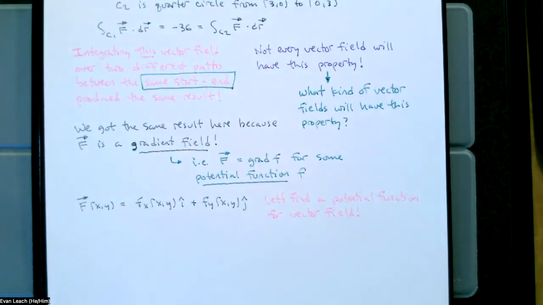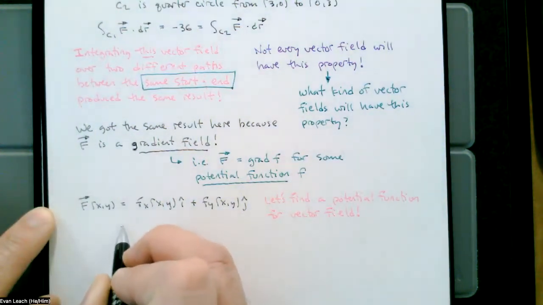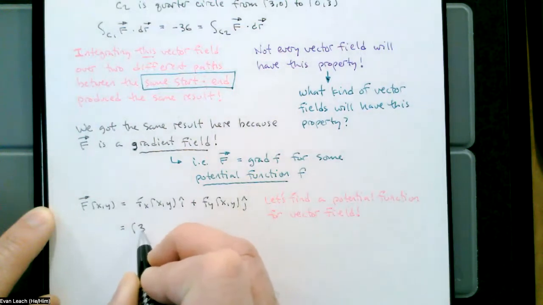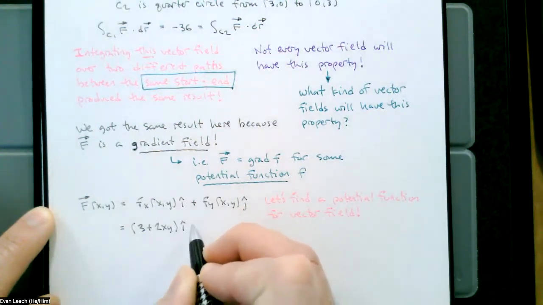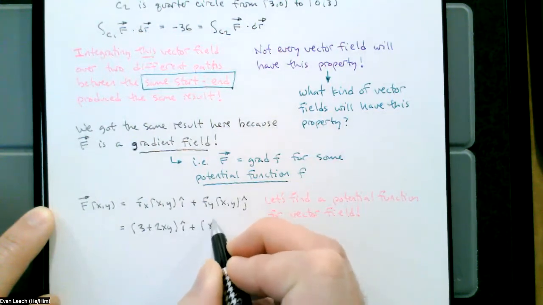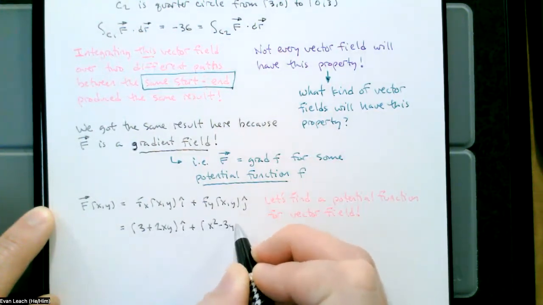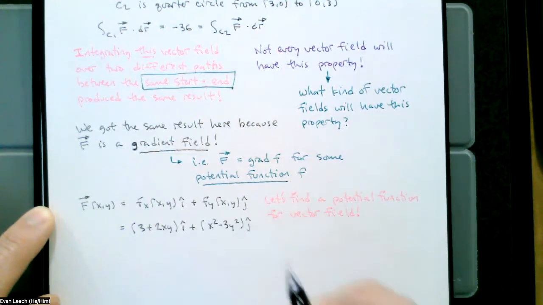What that means is that this gradient field is fx at xy times i plus fy at xy times j. And we know what the two components are. So this is going to be 3 plus 2xy i plus x squared minus 3y squared j.